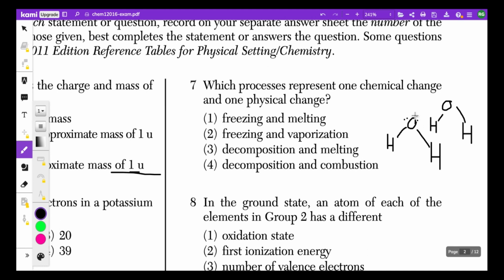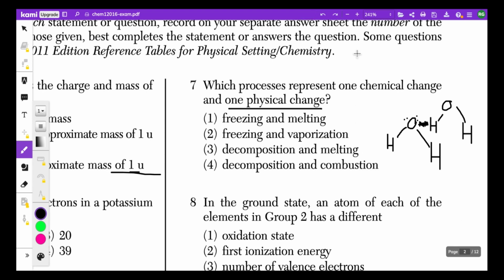Now these two water molecules are gonna be attracted to each other via hydrogen bonding. So these water molecules have attraction to each other. Now, when I break this attraction, this is a physical change. So if I break attractions between two different molecules, this represents physical changes.